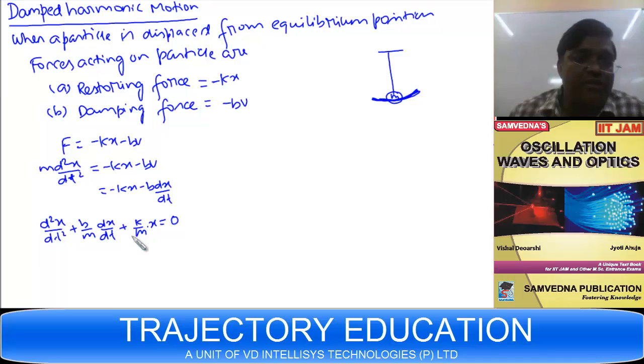Let's try to get x as a function of time. Let b by m be taken as 2r.